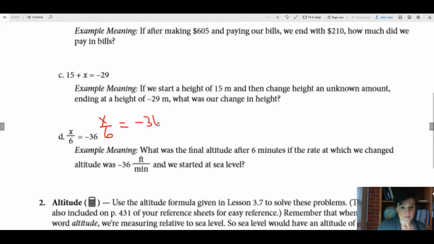So we're going to multiply both sides by 6. This cancels this out, so we're left with x by itself. Then x is going to equal, now you're multiplying a negative and a positive, so you already know your answer will be a negative. So you just multiply 36 times 6 and that'll be your answer.